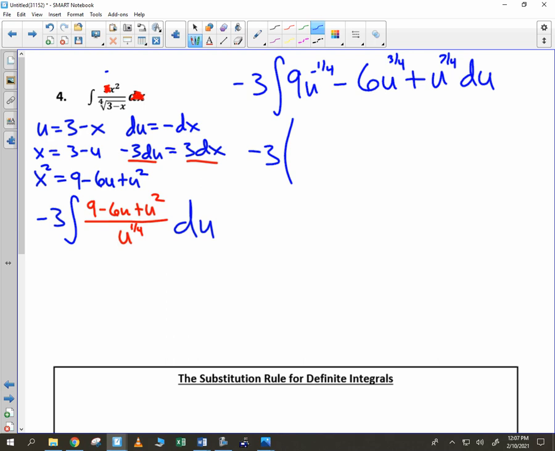Negative 3 times, it's going to be 9u to the, you're taking the derivative, positive 3/4 divided by 3/4. Minus 6u to the 7/4 divided by, plus u to the divided by 11/4.